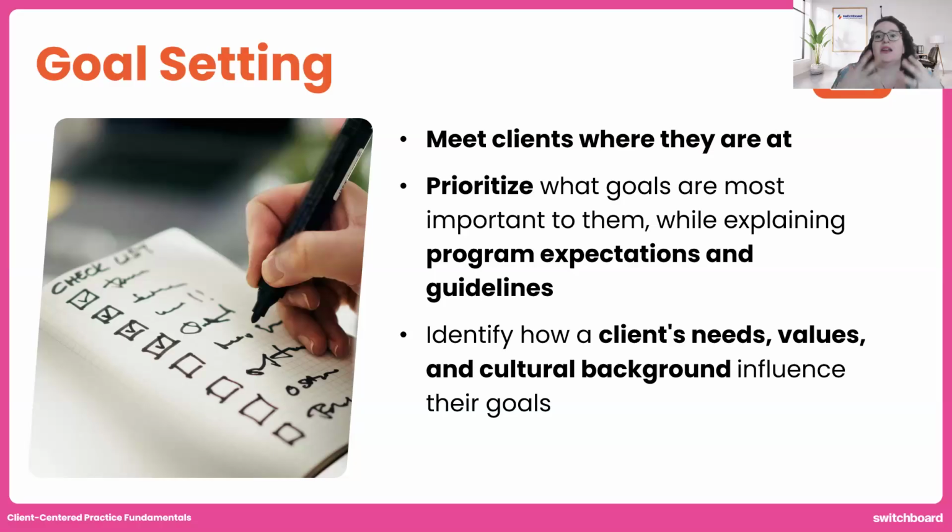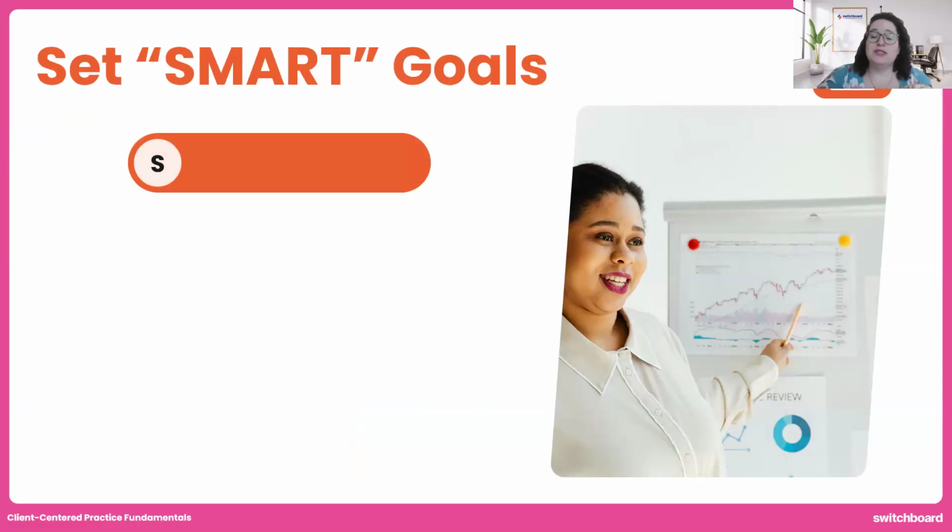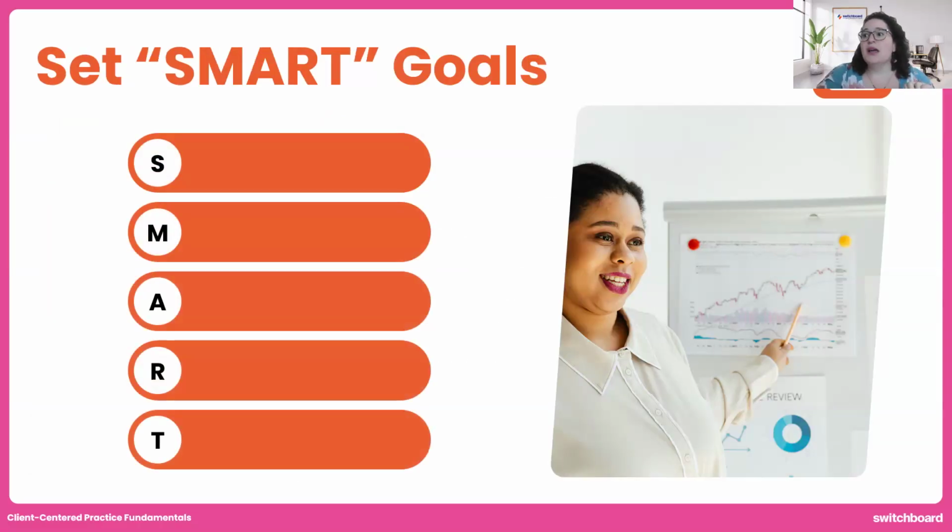And we're really going to identify what a client's needs are, their values, and their cultural background, how that influences their goals. And so that, again, is really encapsulated also in that motivational interviewing approach, which you can see in that blog we shared. So in goal setting, it's really helpful to set SMART goals.